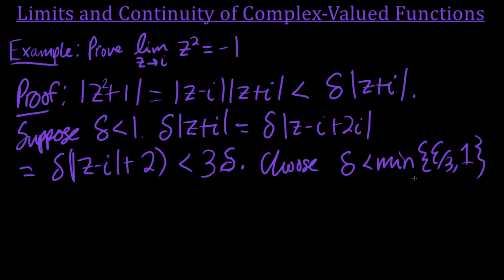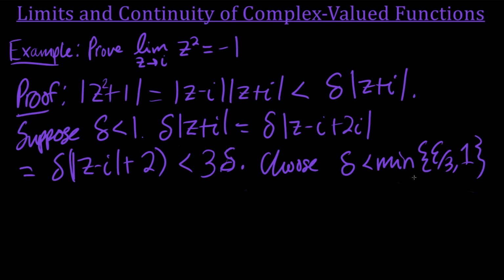What this is going to allow us to do is, well, we know that if delta is less than 1, which is guaranteed by this inequality, then the modulus of z plus i is bounded above by 3, and this inequality holds here. And the modulus of z squared plus 1 is less than 3 delta through this big chain of equalities and inequalities.